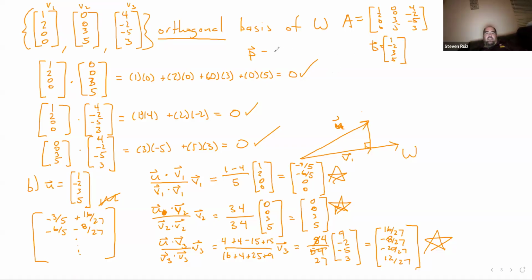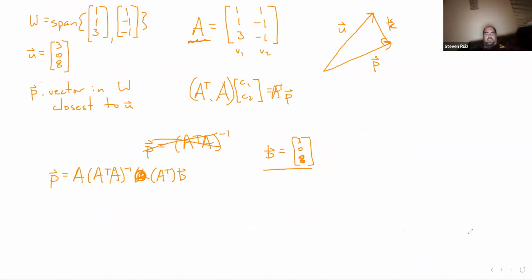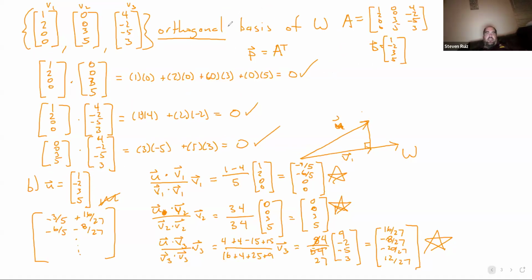I already forgot again, was it A transpose A inverse? A times A transpose A inverse. So this right here would have given us the same result.